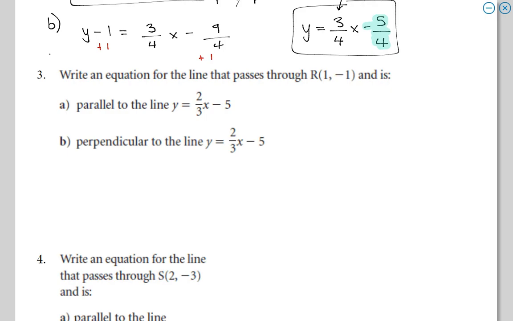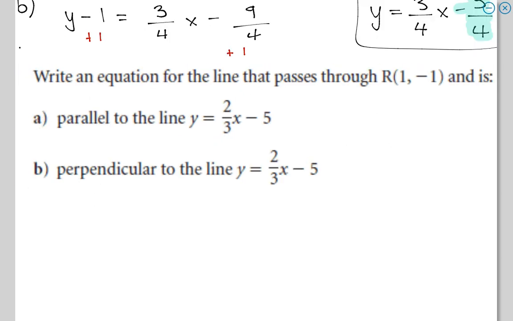Okay, let's try the next one. Number 3, write an equation for the line that passes through the point and is parallel to this line. So for question A, what's the slope of this line? 2/3.